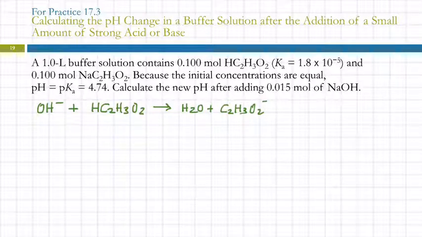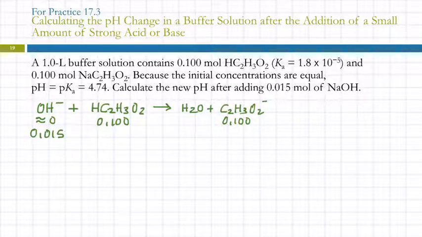So at the beginning, before we add sodium hydroxide, we've got 0.1 moles of the acetic acid, and we have 0.1 moles of the acetate ion. We have essentially 0 of the hydroxide. We're told we're adding 0.015 moles of sodium hydroxide. That dissociates completely. We don't need to think about the sodium. We've added 0.015 moles of hydroxide ion. So we're adding that in. What's going to happen? Well, this is going to react with the acid.